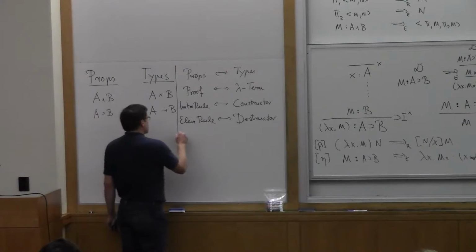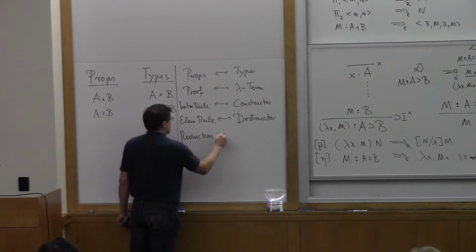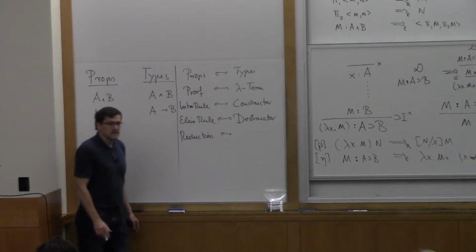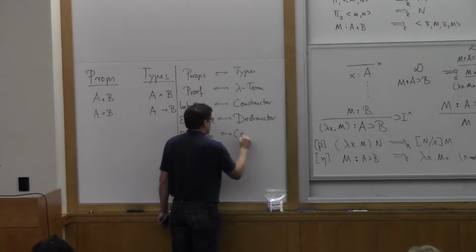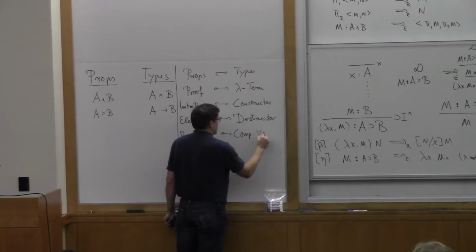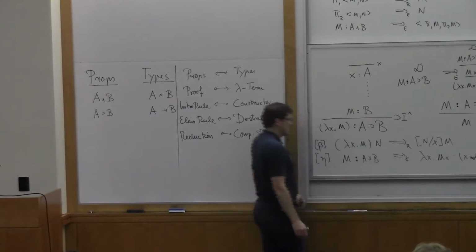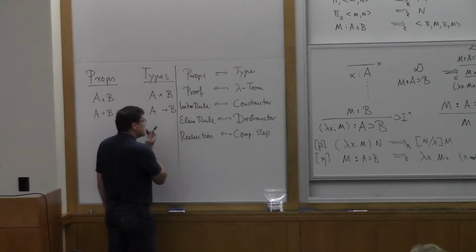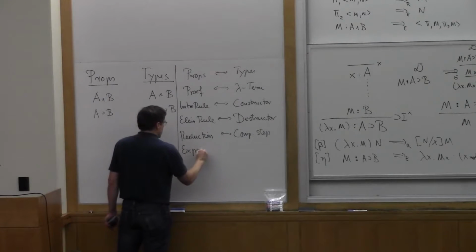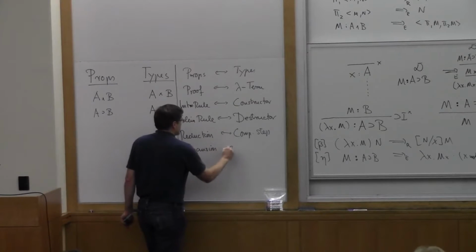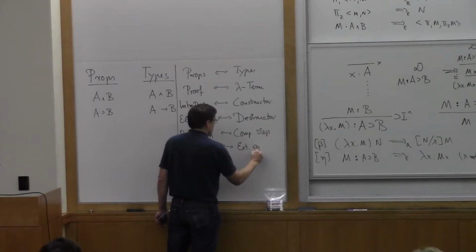Okay, what does a local reduction correspond to? A step of computation, right? A computation step. Because we do a local reduction, and then we see, okay, it's a step of computation. And an expansion corresponds to some equality, extensionality, some equality.